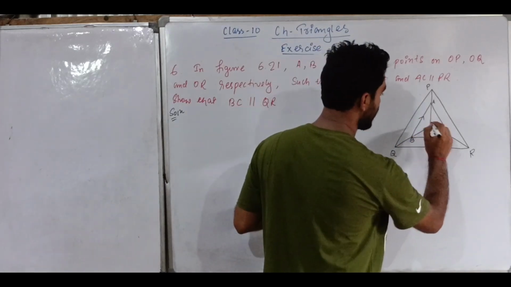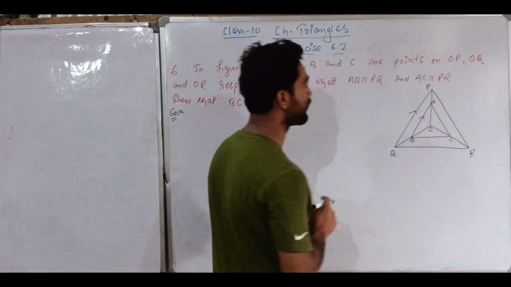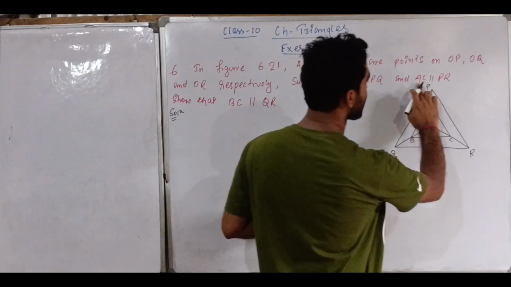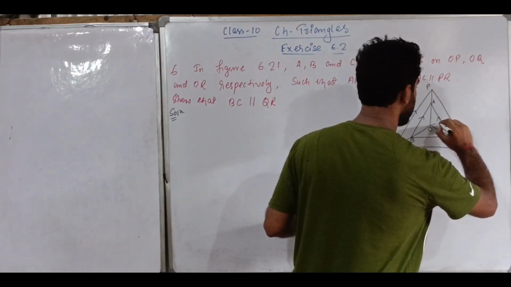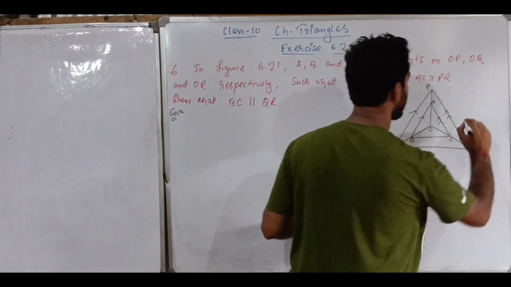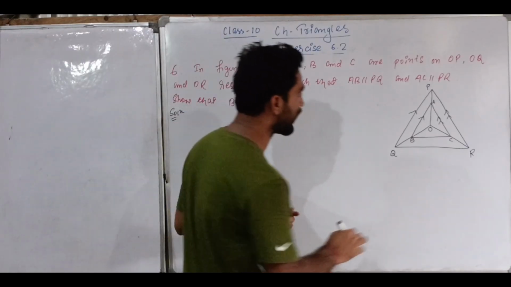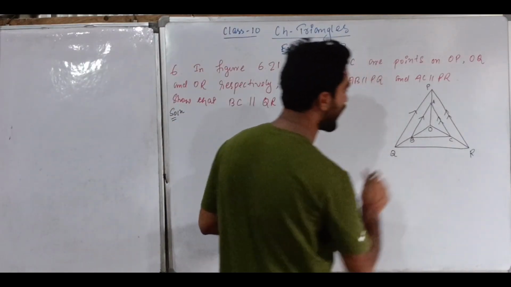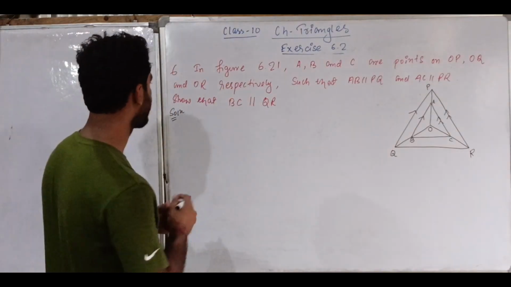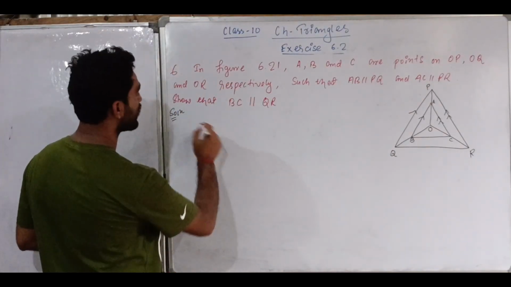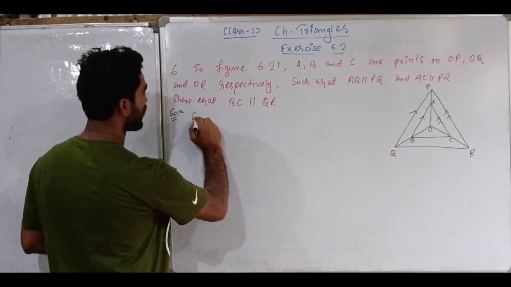What is given? AB is parallel to PQ as well as AC is parallel to PR. This information is given. We have to prove that BC is parallel to QR. We have to prove BC and QR are two parallel lines. So, first, given.